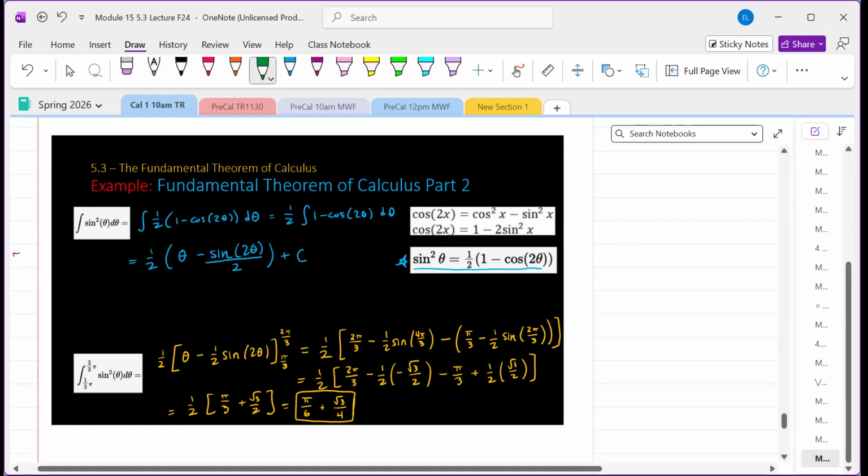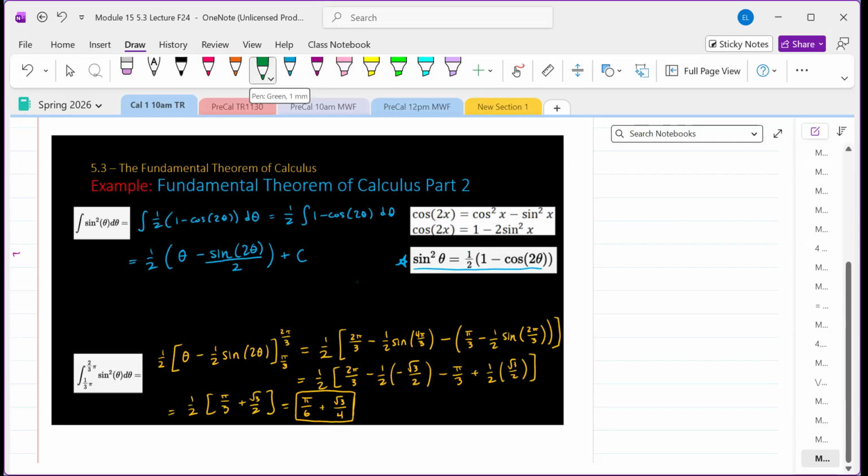I took my cosine 2x formula in the format where it's 1 minus 2 sine squared of x, and I solved that for sine squared. I get this formula here. So it turns out sine squared is the same as 1/2 of 1 minus cosine 2 theta.